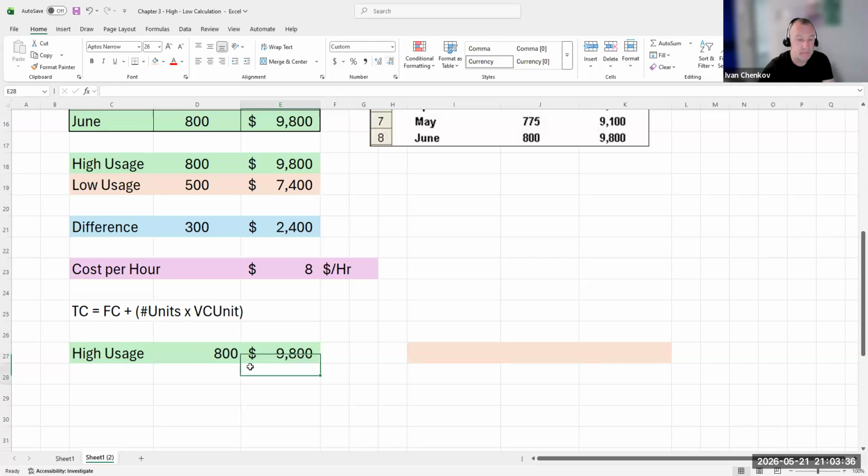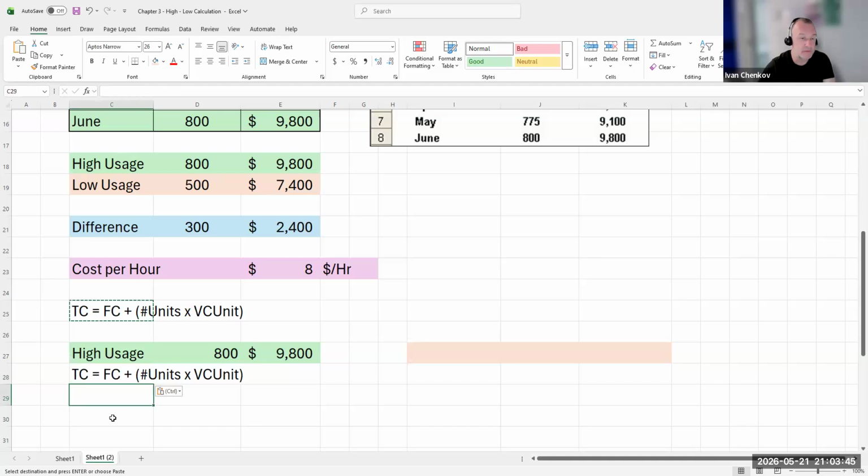That's what I know. So from the formula, again, I'm going to flip the formula here. I'm going to start substituting. Total cost, I already know it. My total cost is $9,800. I know that fixed cost is the one that I don't know.